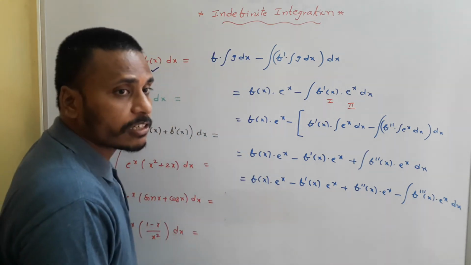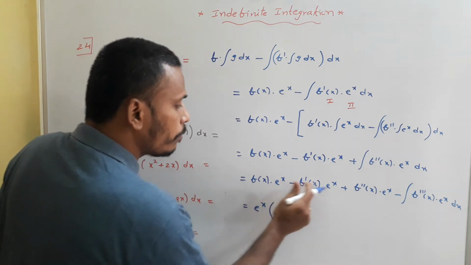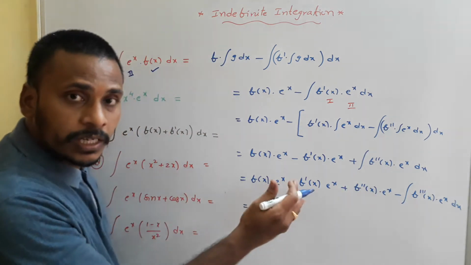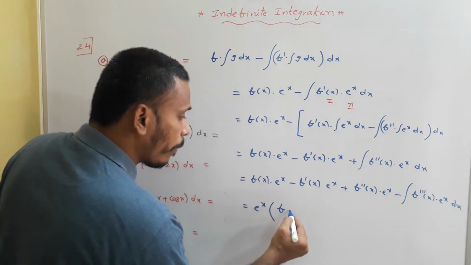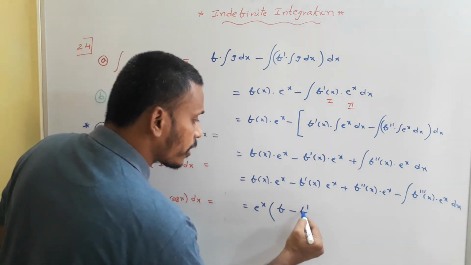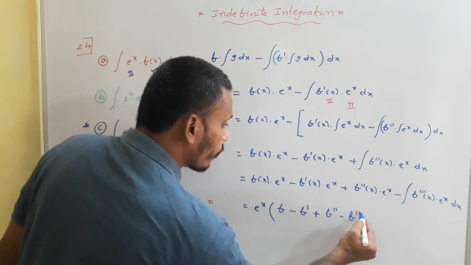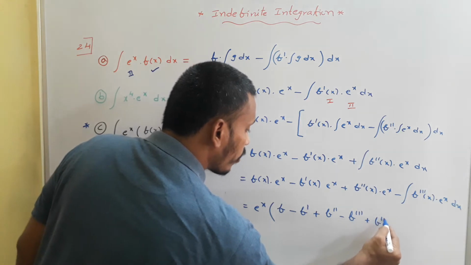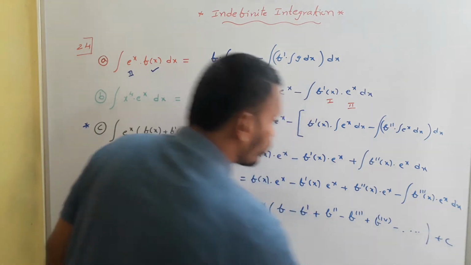Proceeding like that, at the end your answer is nothing but, since e^x is a common factor in every term, just pick out e^x times: first function f minus its derivative f' plus its derivative f'' minus its derivative f''' plus its fourth derivative of f, minus and so on, plus c.